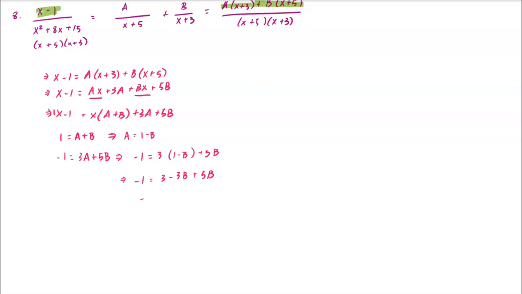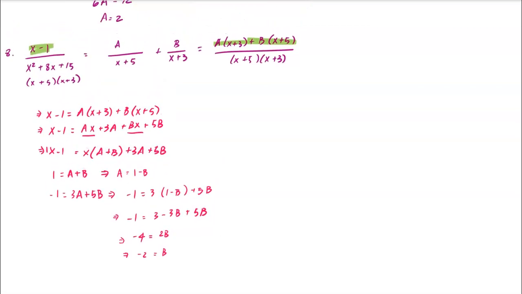Negative 3, negative 4 equals 2b. b equals negative 2. Right? b equals negative 2.